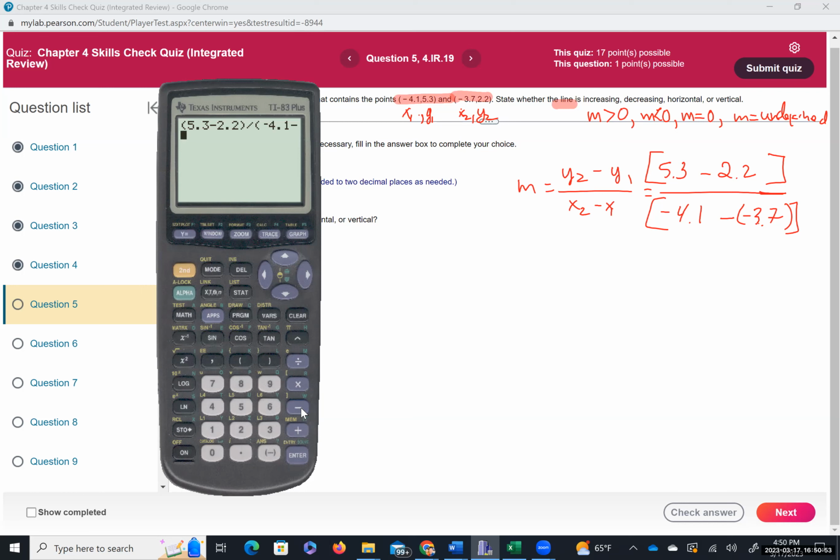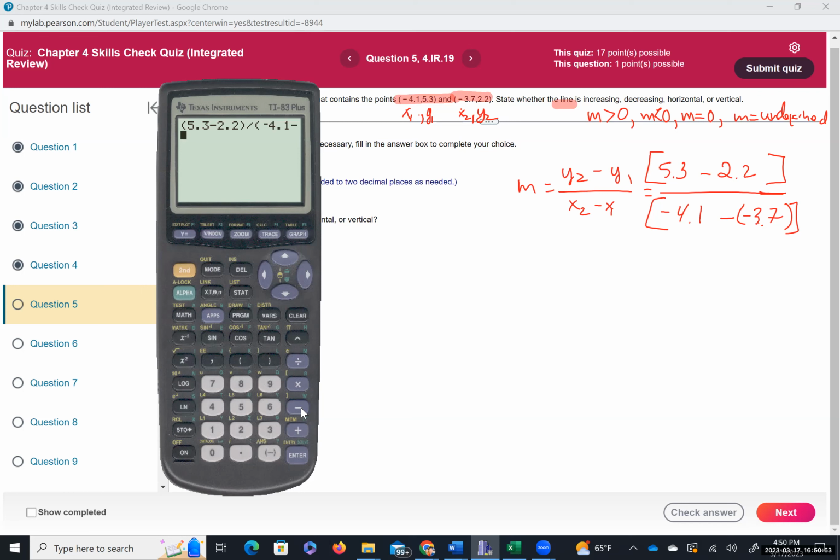If you'd like to put it as a fraction instead of a decimal, you can change it to a fraction the way I showed you, math, and number one there, fraction, enter. You got negative 31 over 4, right? So they want you to do what?